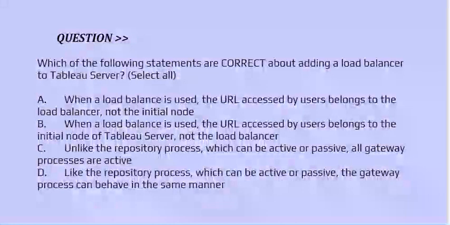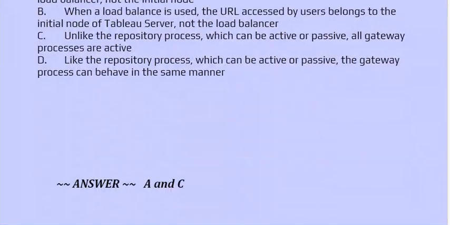Option C, unlike the repository process, which can be active or passive, all gateway processes are active. Option D, like the repository process, which can be active or passive, the gateway process can behave in the same manner. Correct answer is option A and option C.